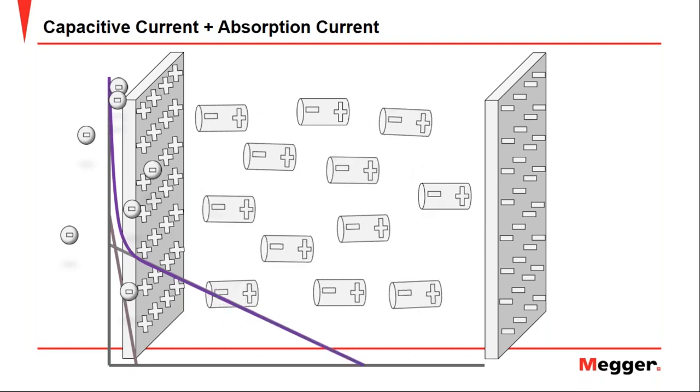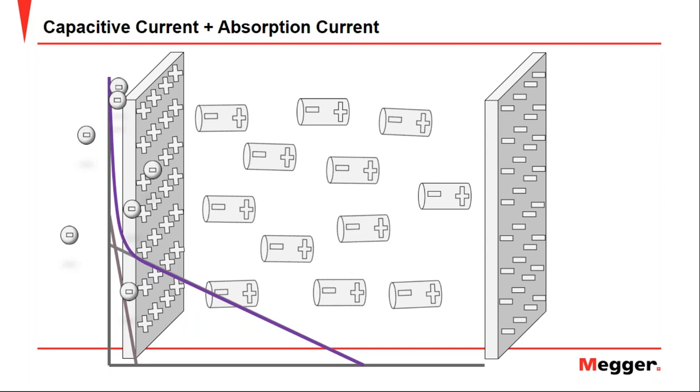Okay, now let's see how these four currents interact with each other and how we should do the insulation resistance test in order to be sure that we are making the measurement with the important current, the one that interests us, and that is the leakage current.